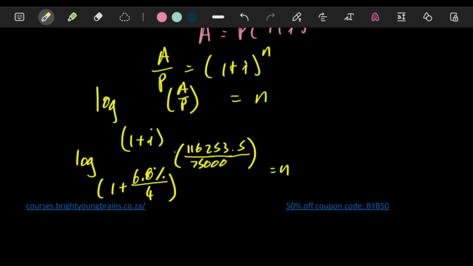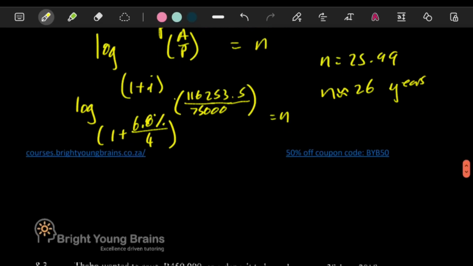And then this is n. The reason for doing all this is so that your answer can be as accurate as possible. This is giving you an n value of 25.99, which is approximately 26 years. You can do a squiggly approximation sign over here. If you don't, it's really not an issue, but if you can, might as well show that you know your stuff.